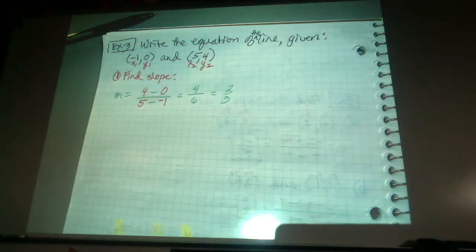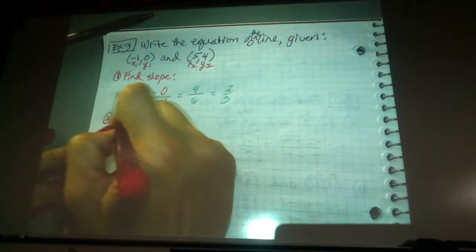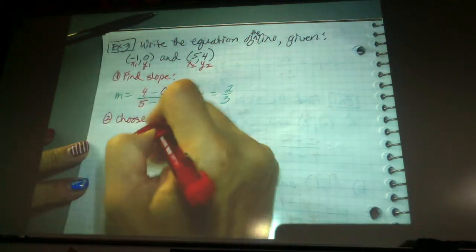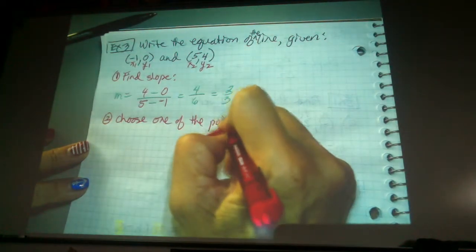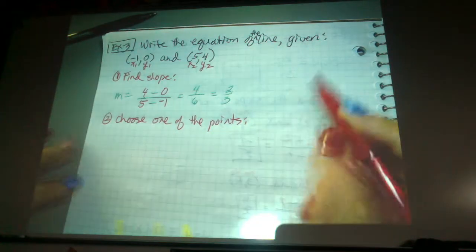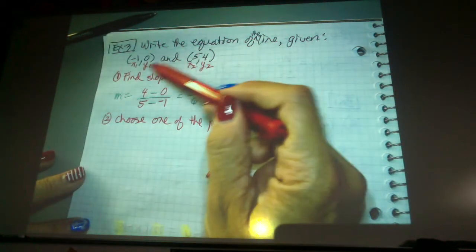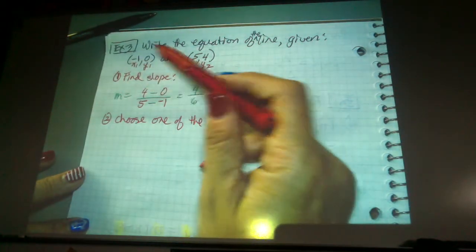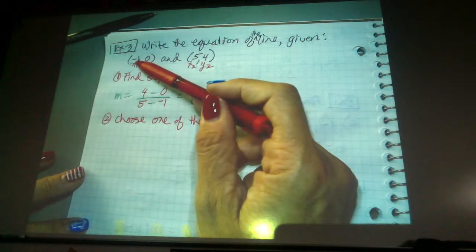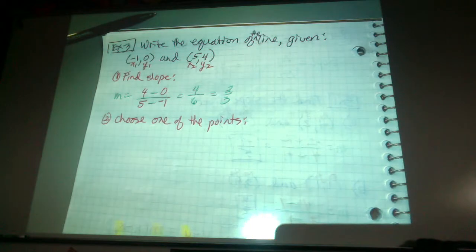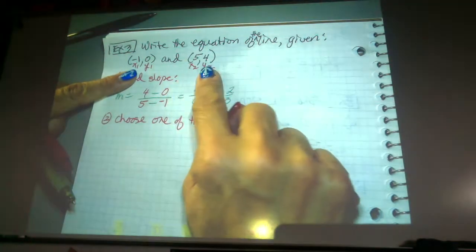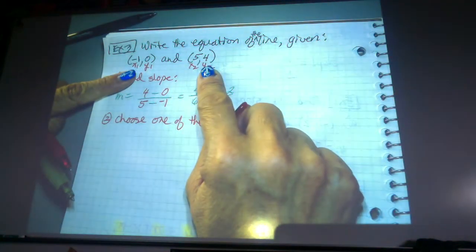Then the second step is you need to choose a point. Choose one of the points. I would actually choose this one because it has a 0 in it. It tends to be easier, although it does have a negative, so that's a drawback. You could choose this point. If I'm asking you to write the equation in point-slope form, if you choose this point versus this point, those forms are going to look visually different.